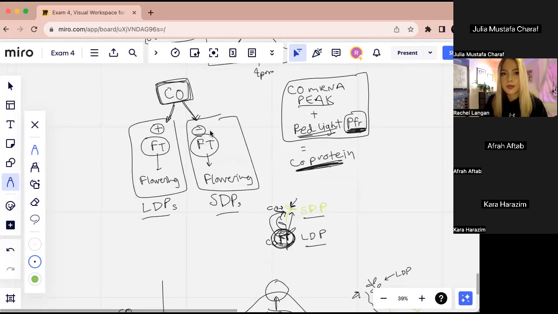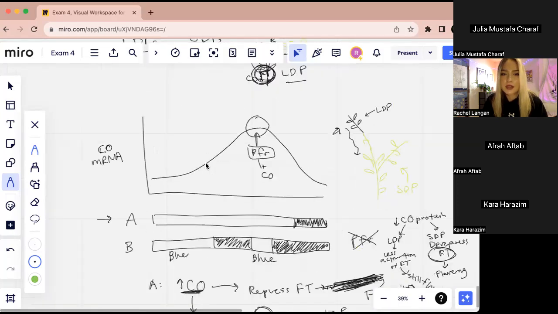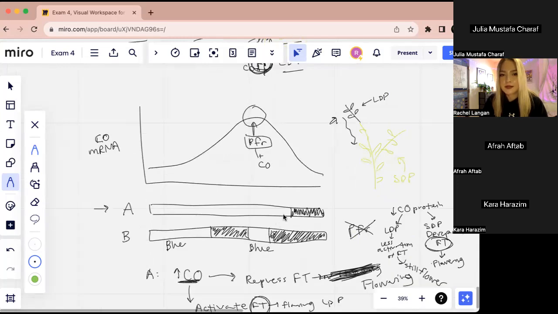Okay. Which makes sense, right? Because long day plants flower in light. So if we have something like this, a long day of light, that's going to cause the long day plant to flower, or it's going to have the opposite effect on the short day plant, which doesn't flower in long days.